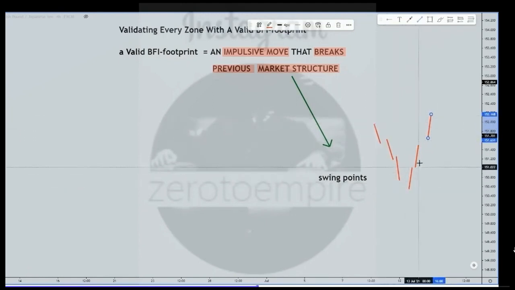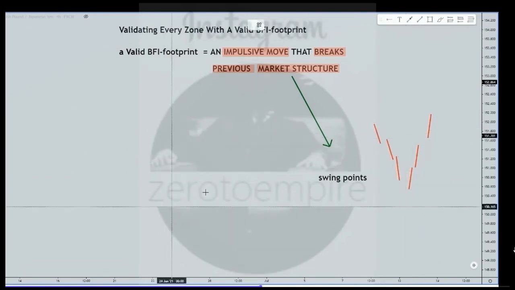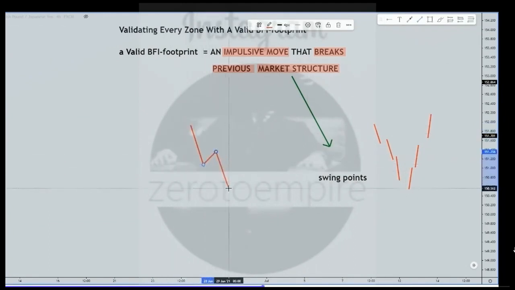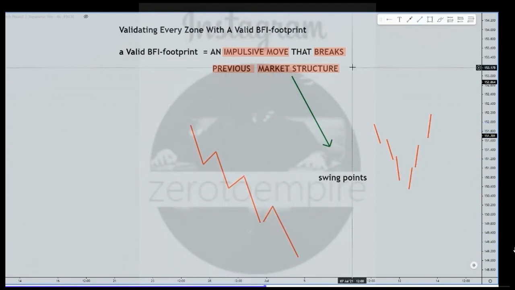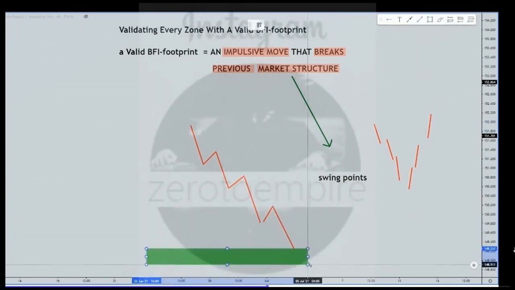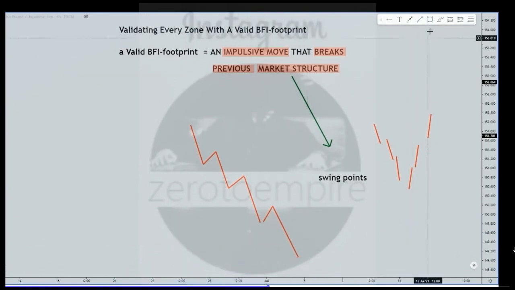You want a nice clean swing point, the better. But let's take a look at this. The market is going down, and here it is. And let's say it enters into a buy zone.